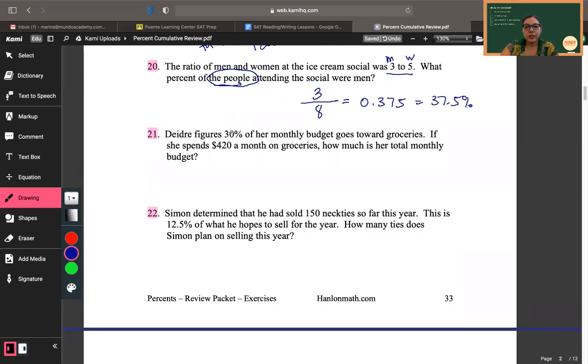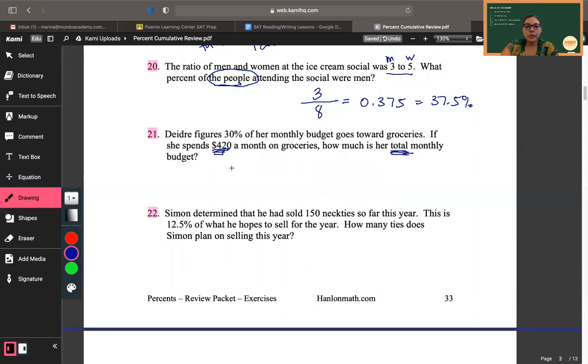Deidre spends 30% of her monthly budget on groceries. If she spent $420 a month on groceries, what is her total monthly budget? Now this one's a little bit different because we need to solve for the total and we know how much she spends. There's a couple of ways to set this up.